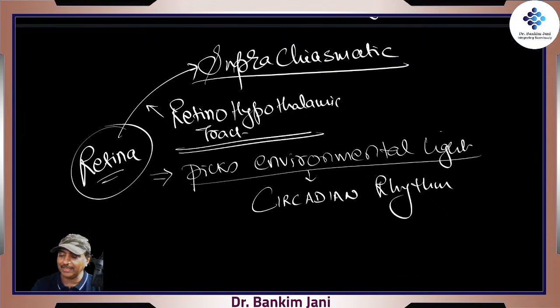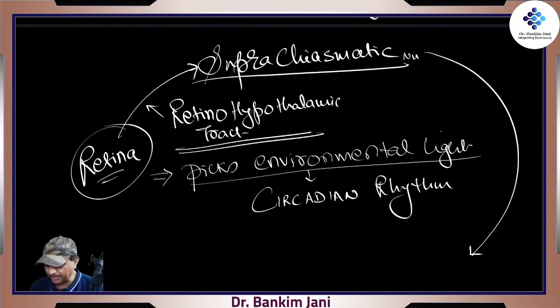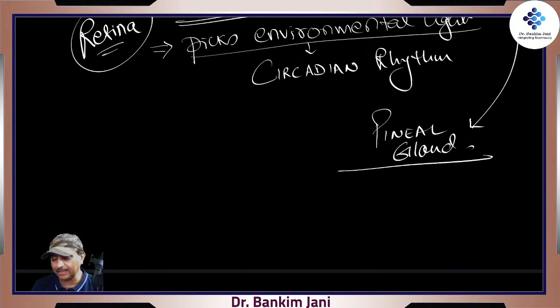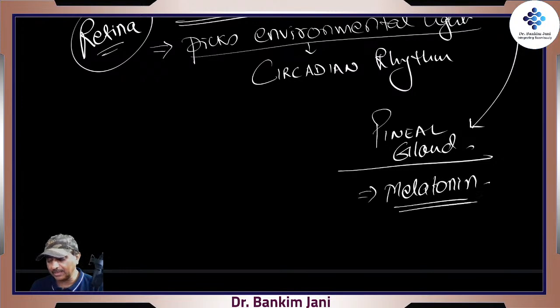Suprachiasmatic nucleus will analyze it and will say, I need to tell someone who is so important, and that important one is the pineal gland. And pineal gland we have already talked about. Pineal gland is that gland which releases melatonin, right? Melatonin allows the person to sleep comfortably and peacefully.